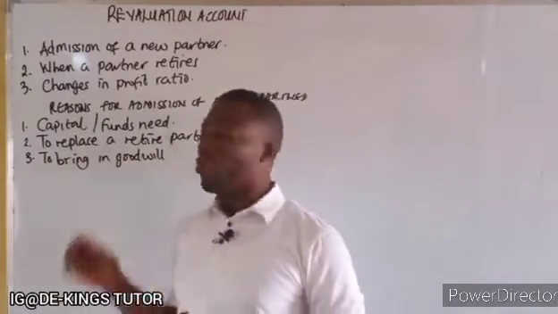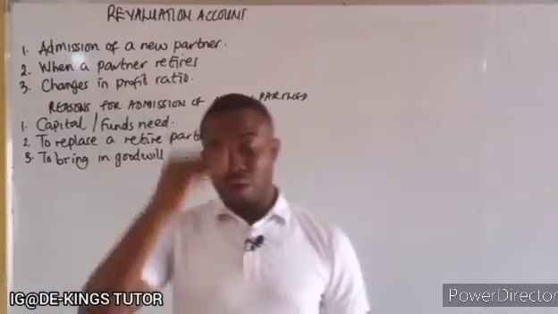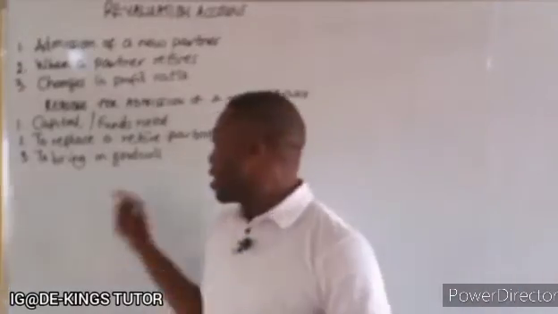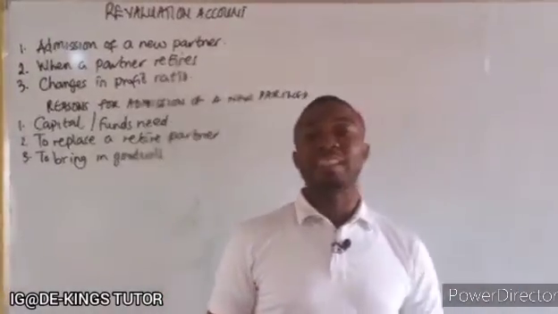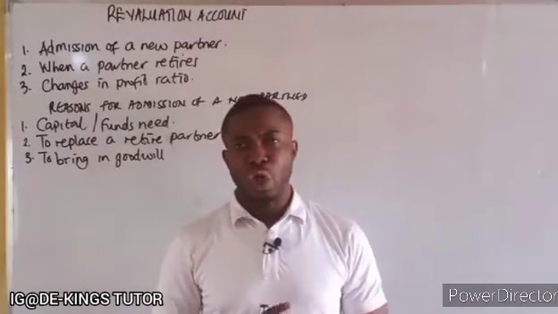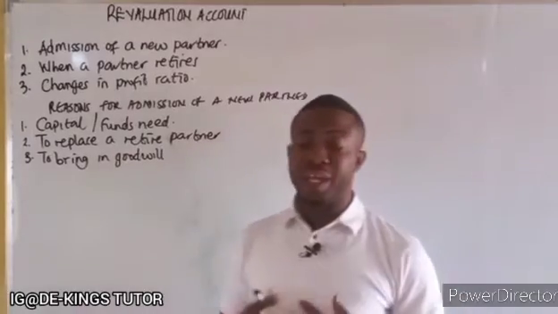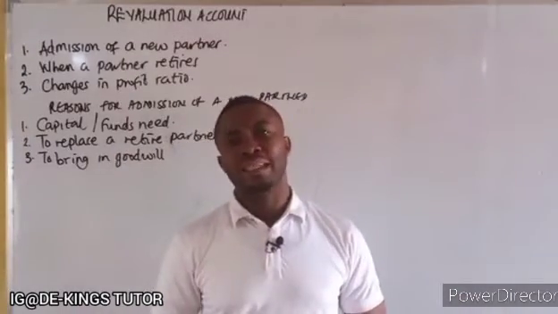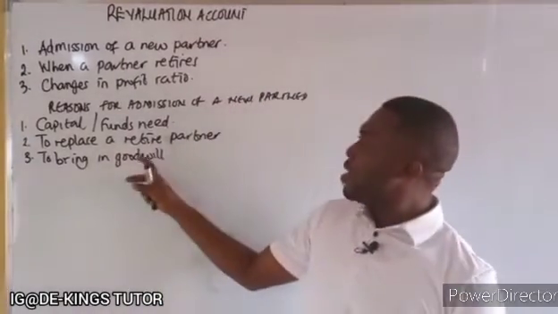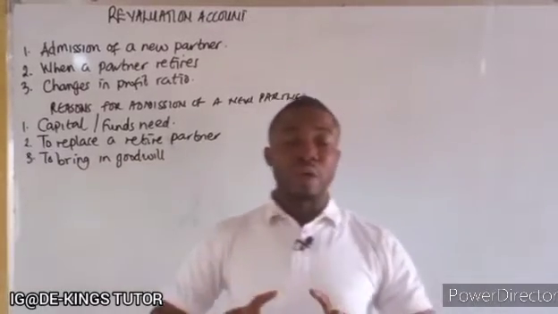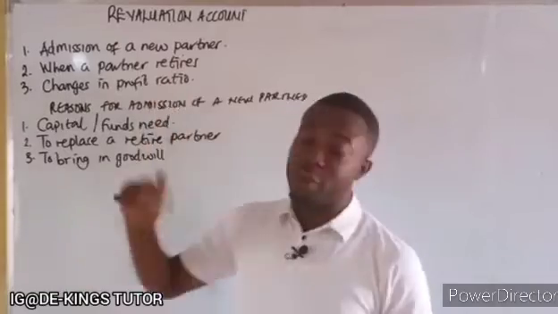Now we have talked about goodwill. We have seen a thorough video on that. If you have not seen that, I'll drop it up here so you watch it. Now, goodwill is the advantage the firm has over its competitors. So definitely, one of the reasons why they will admit a new partner is to bring in goodwill into that business. Okay, so most times the situation that will empower them to recognize goodwill is when there's admission of a new partner.